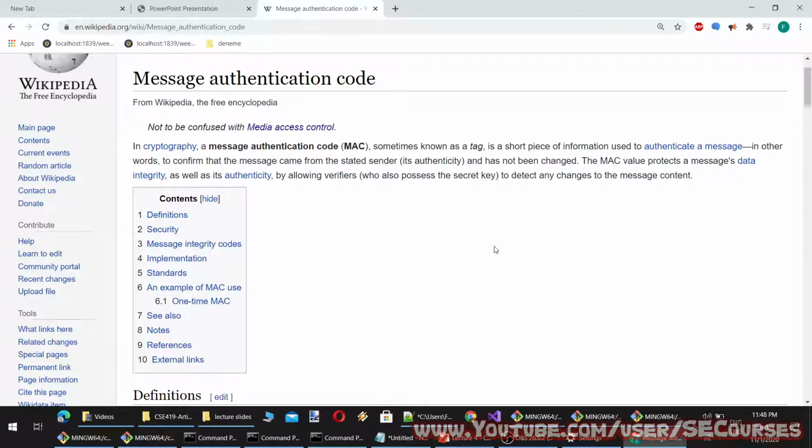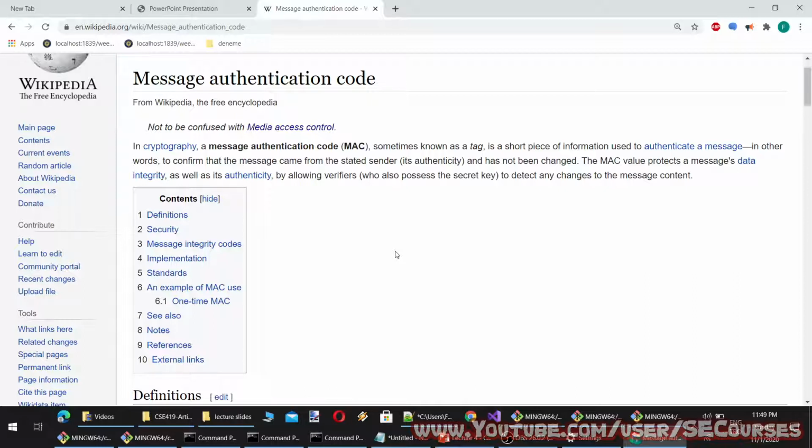Okay, so what a MAC does is confirm the message source and its authenticity. This is not about ciphering the message.